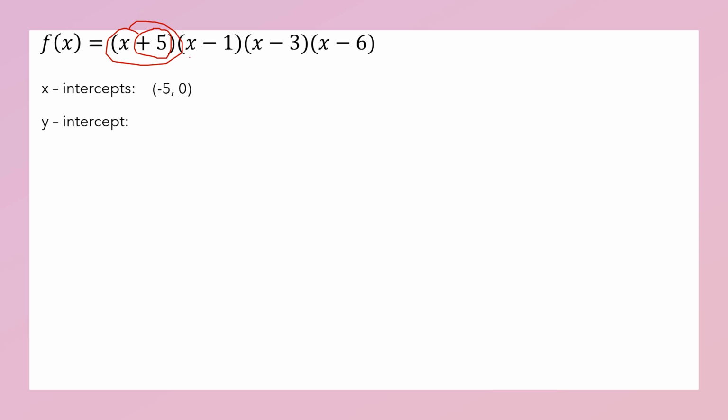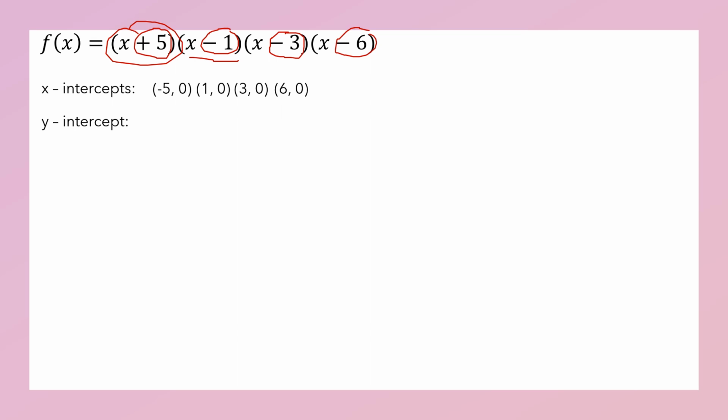For the next one, we have x minus 1, using the opposite of the constant term, negative 1, we have positive 1, again paired to 0. The third one, x minus 3, using the opposite of negative 3, is positive 3, paired to 0. The last one is x minus 6, using the opposite of negative 6 is positive 6, paired to 0, again since we're talking about x-intercept.